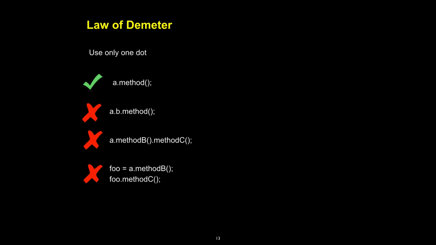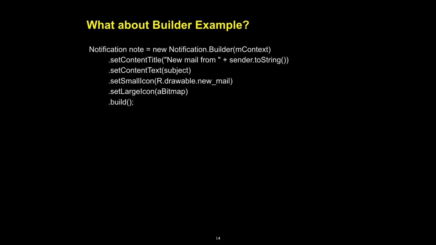When we went too far. So each of those set methods returns the notification object or builder object. Right, so we're still dealing with, we're creating the builder here, and then each one of those methods is on the builder.